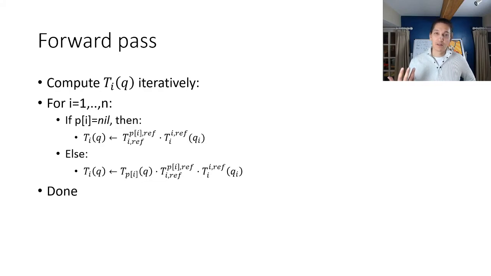We're also assuming that the indices are topologically sorted so that the parent of each link comes before it in this order. With this, if the parent of a link is nil, then we just calculate the multiplication of the reference transform times the link's local transform. Otherwise, we compose the parent's transform with the reference relative transform times the local transform. And that's it. Very simple algorithm.